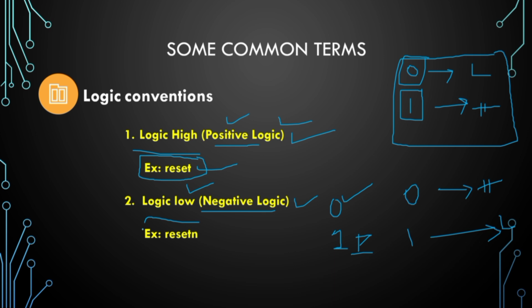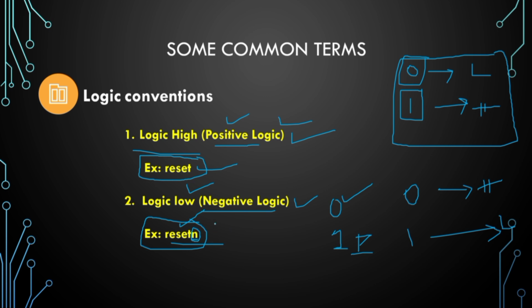And then for negative logic, we use reset n. Means whenever we are representing a negative signal, as it doesn't follow the normal convention, we have to represent it with a small letter n at the end of the signal name. It will be representing the negative logic. So in this, reset n will represent the negative logic signal.